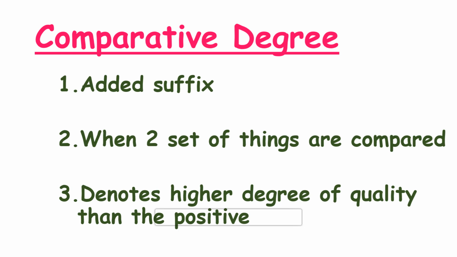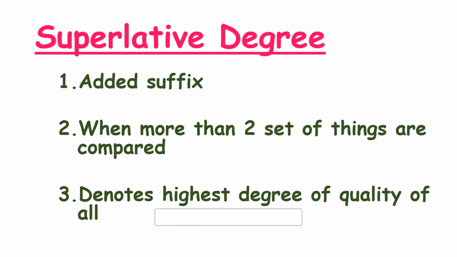Then the second rule says that it is used when two sets of things or two things are compared. Then the last point says that it denotes a higher degree of quality than the positive, meaning comparison is made. When two things are compared, one is shown of a higher degree, another is shown of a lesser degree, then the comparative degree is used.